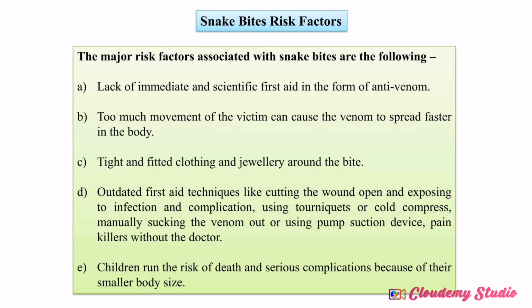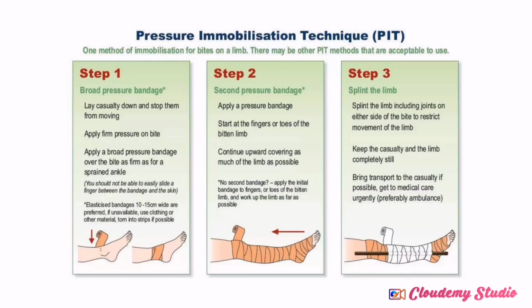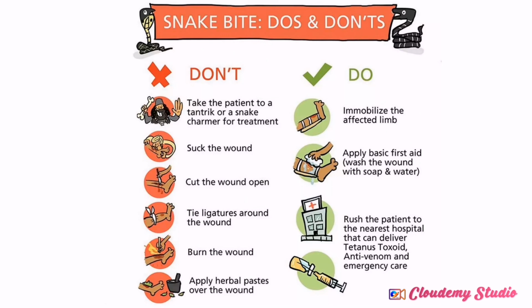We talked about the snake bite factors. Also talked about what you should do during first aid and what you shouldn't do here. All these we already discussed last time: the do's and don'ts, the things that you cannot do.